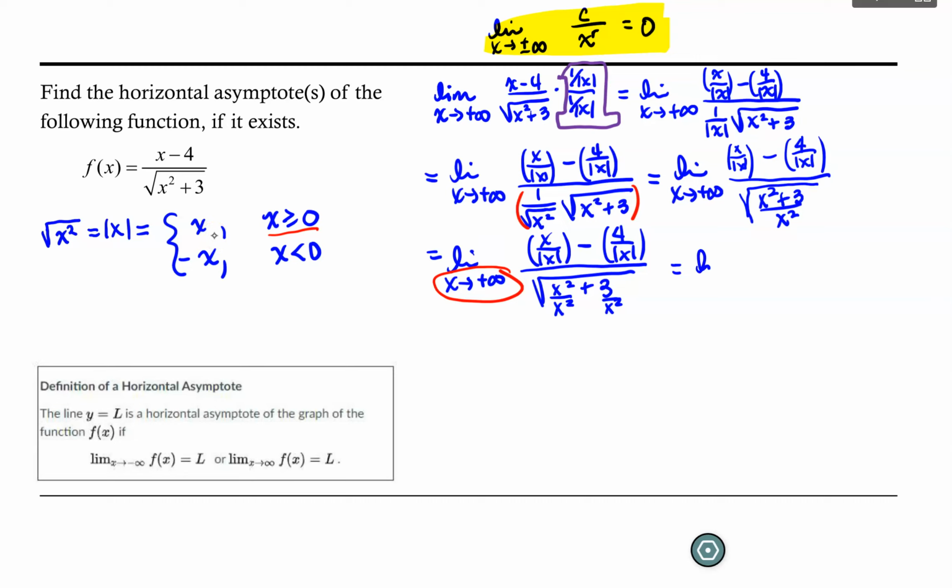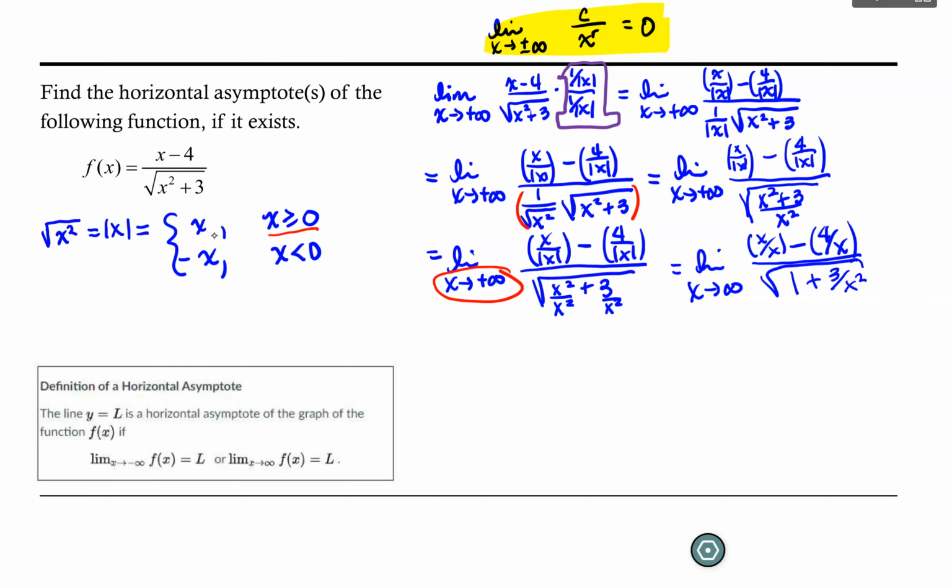So we get the limit as x approaches infinity of x over x minus 4 over x, divided by the square root of x squared over x squared, which is 1 plus 3 over x squared.